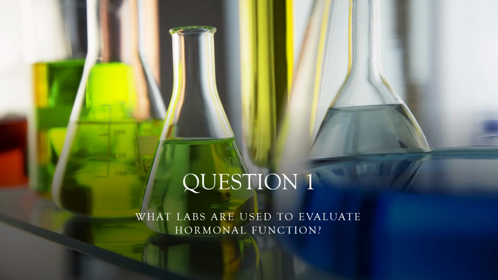The first question I have is, what labs are used to evaluate hormonal function? Well, there's actually several of them. We look at hormone levels, which are generally just a blood test that we can pull in order to evaluate those hormone levels.